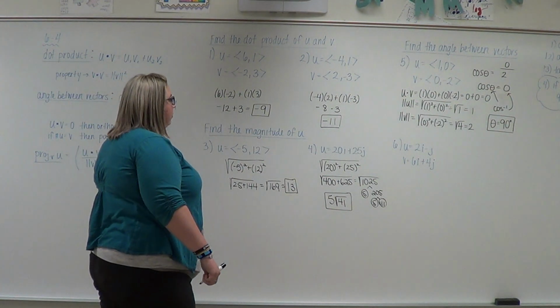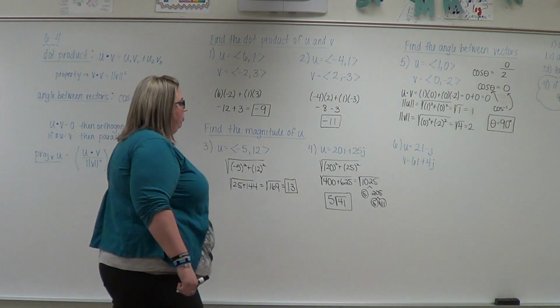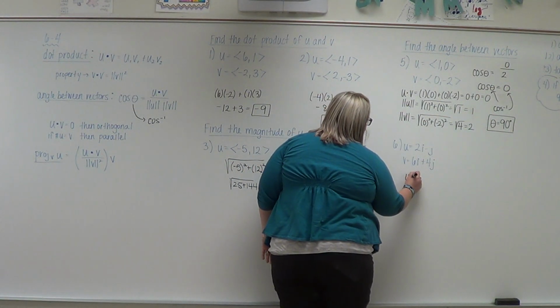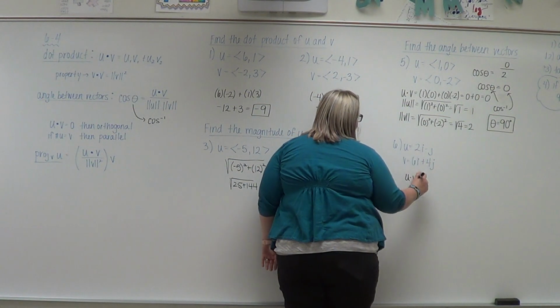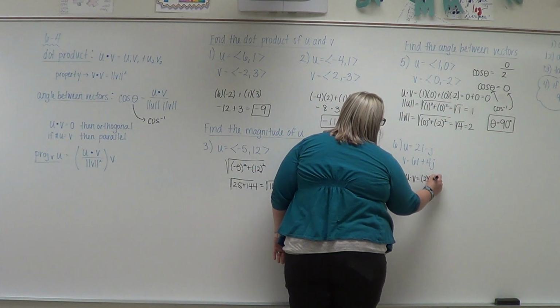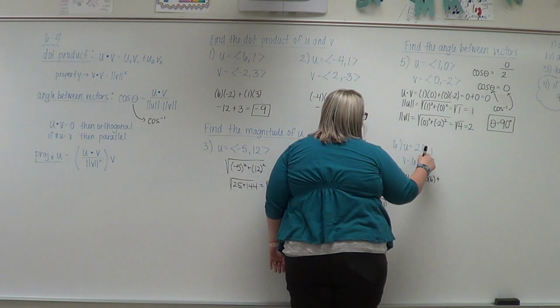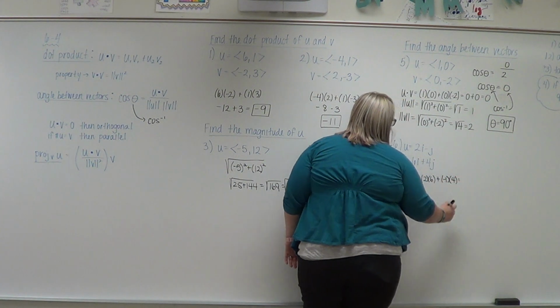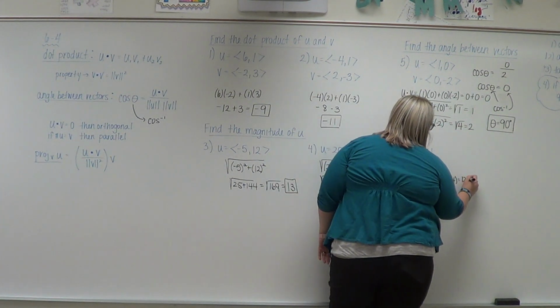Okay, so if I do another example, do the dot product first. This would be 2 times 6 plus negative 1 times 4, so 12 minus 4, which is 8.